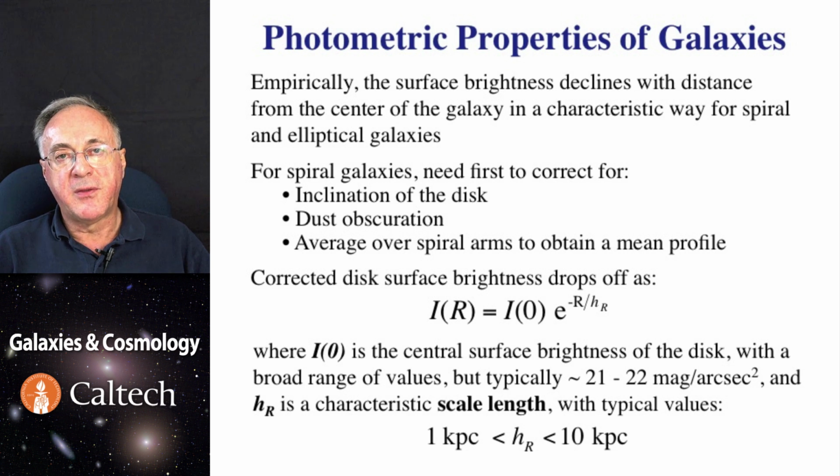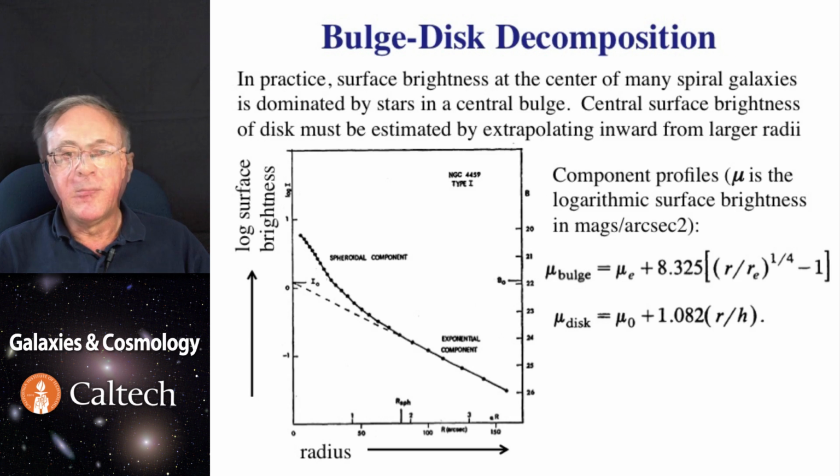The projected surface brightness declines exponentially from the center out, and the e-folding lengths or disk scale lengths are of the order of a few kiloparsecs. So if you measure a surface brightness profile of a galaxy, then you'll see something like this. If plotted on a semi-log plot, log surface brightness versus linear radius, an exponential looks like a straight line.